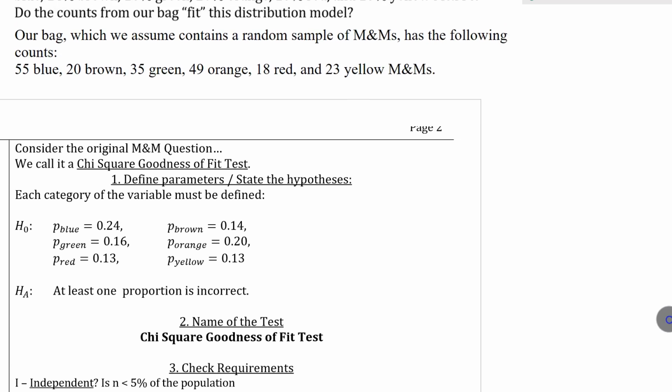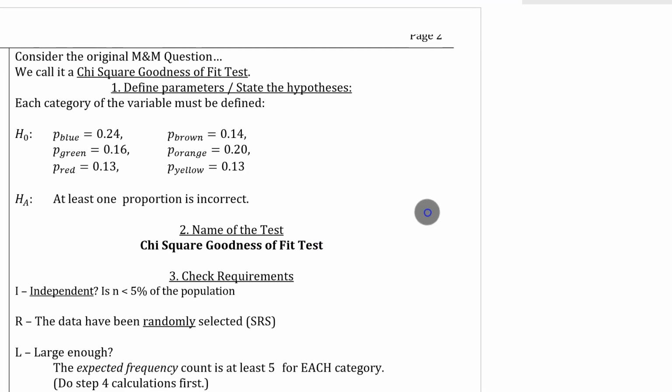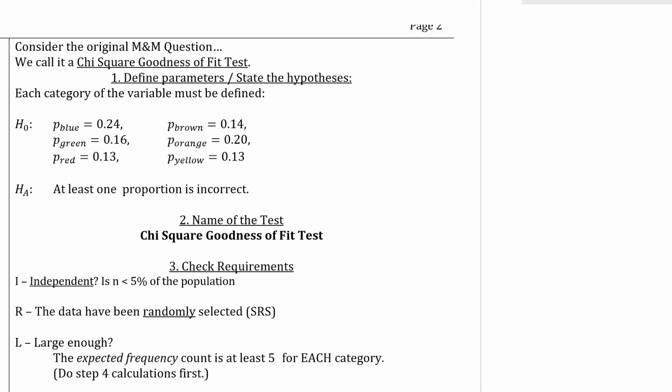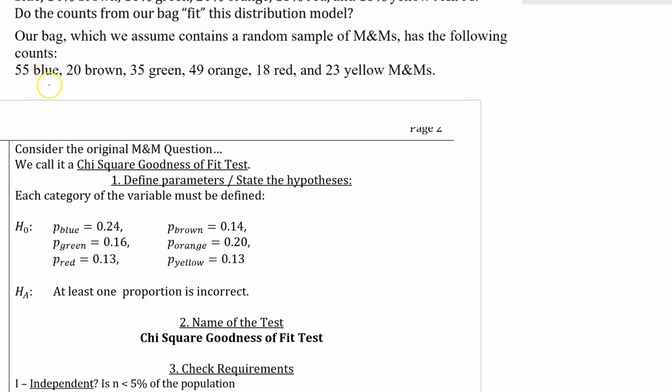For step 2, we're just going to write the name of the test so that we know what we're doing. It's the chi-squared goodness of fit test. And to check those requirements or assumptions and conditions that we need to satisfy, we have our IRL conditions. For independence, we check: is n less than 5% of our population? Well, if we find the sum of all these values here, it looks like we have about 200 M&Ms.